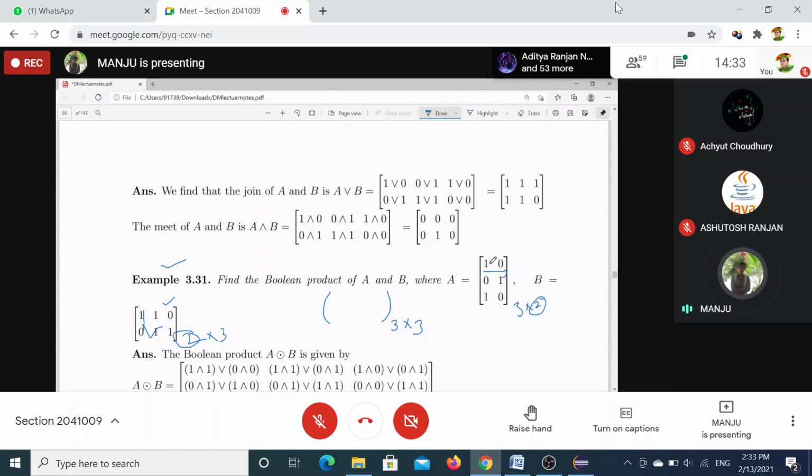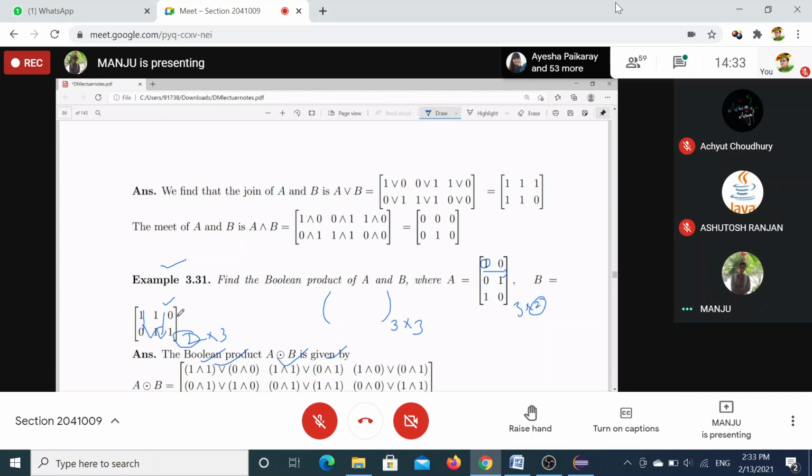The same way, this is operated with this one. First one, where we used to multiply, here it is meet. So first one conjunction with first one gives 1, disjunction with 0 conjunction 0. Then next, for this one, conjunction of 1 and 1, disjunction, conjunction of 0 and 1.